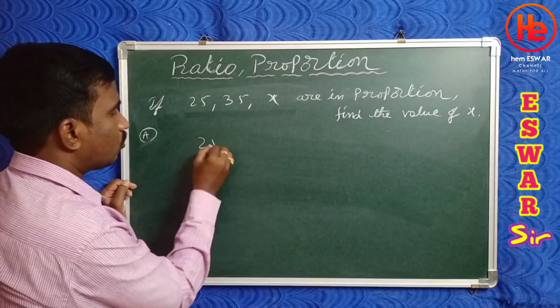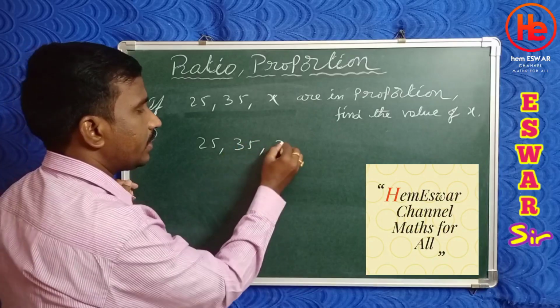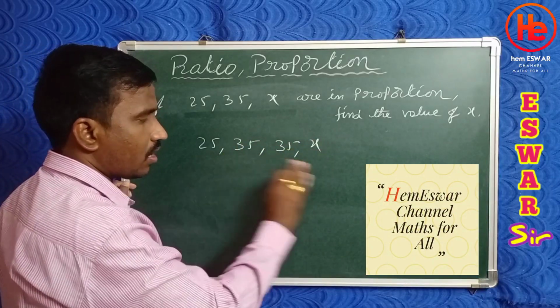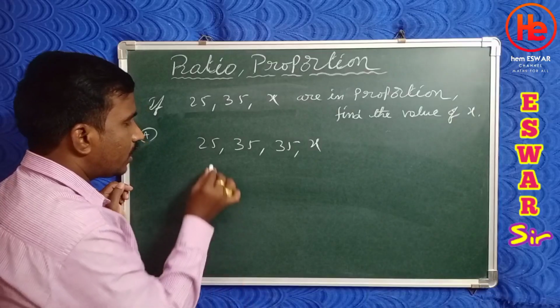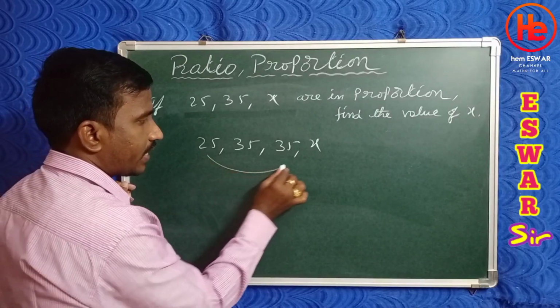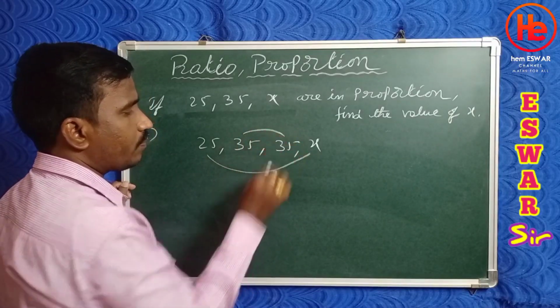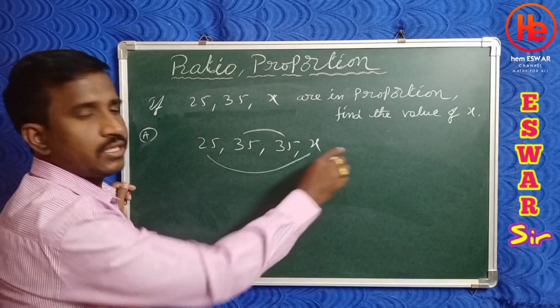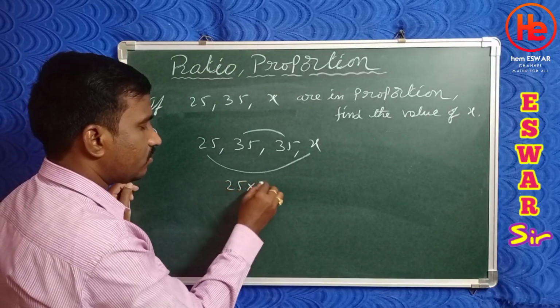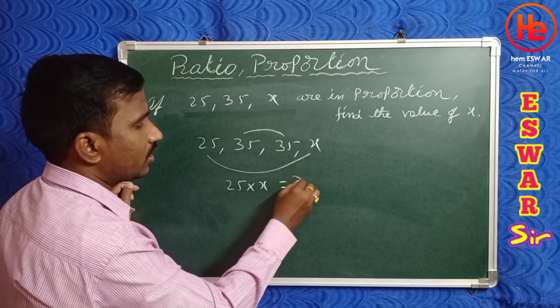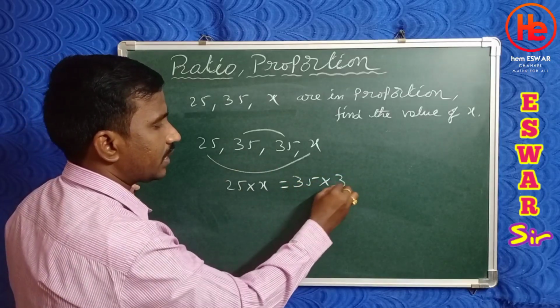That's why here 25, 35, again 35, and x are all in proportion. So here proportion means product of extremes is equal to product of means. Now what are the extremes? 25 into x is equal to 35 into 35.